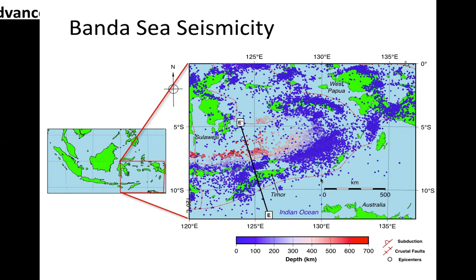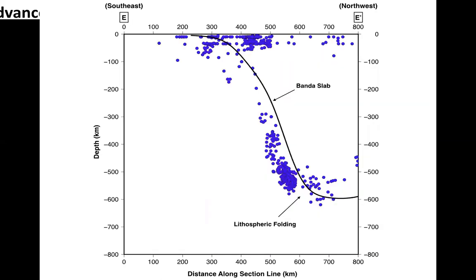So if we view this in cross-section along cross-section line E to E prime, we can see a very unusual shape with a poorly defined Wadati-Benioff zone at the shallower depths, with much more dense seismicity approaching 600 kilometers, and a reversal in dip here, which loosely follows the accepted geometry.